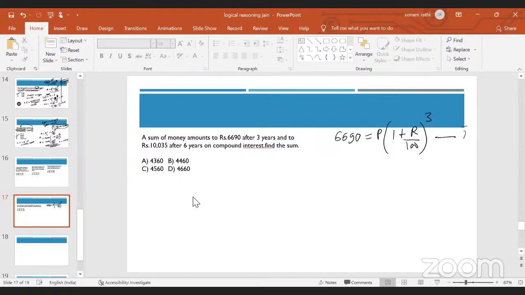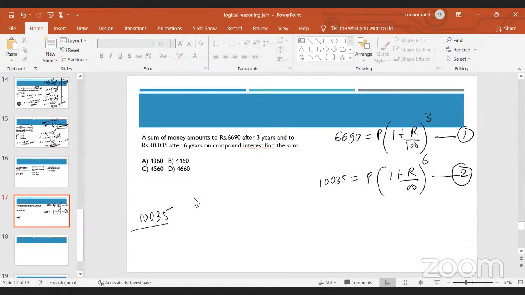This is equation 1. Equation 2, 10035 is equal to P (1 plus R by 100) to the power 6. This is equation 2. Can I divide these 2 equations? If I divide, this upon this, P and P cancel, and power 6 and power 3, so only this much is left. Yes or no?